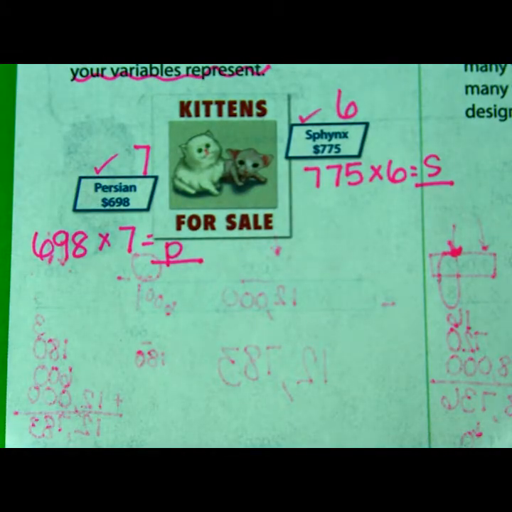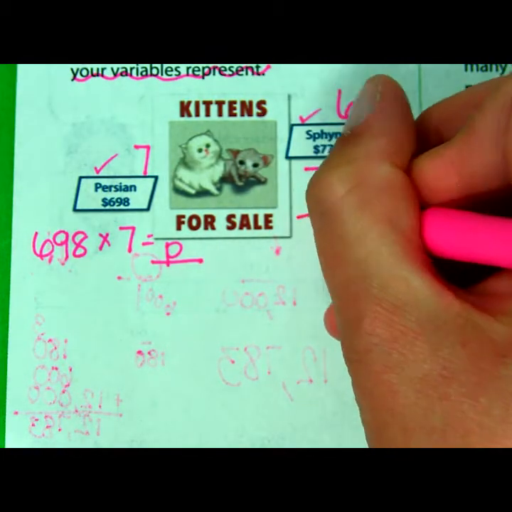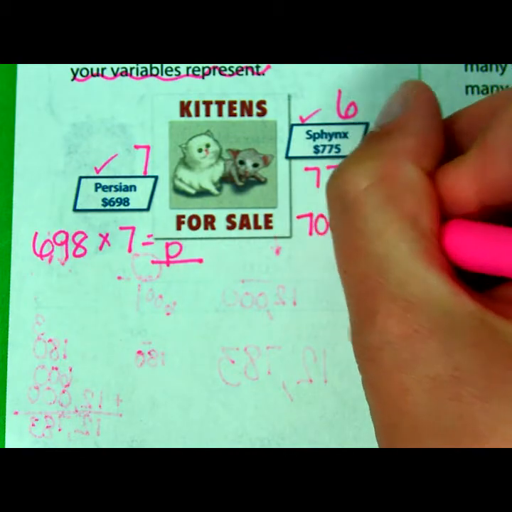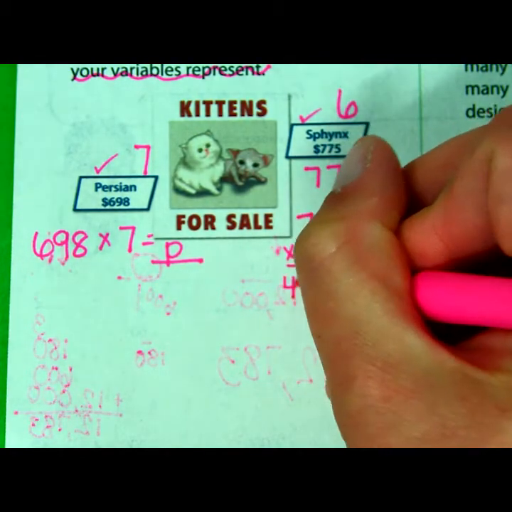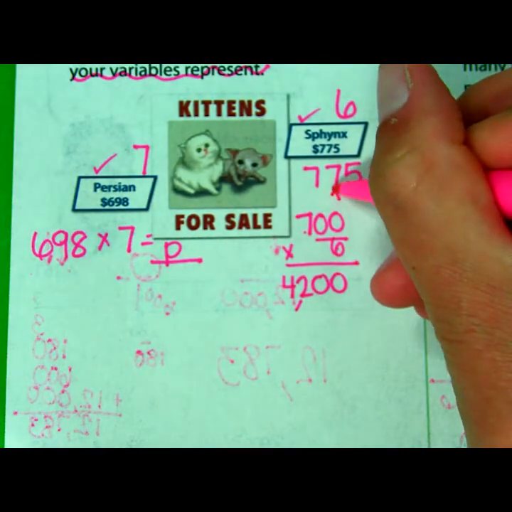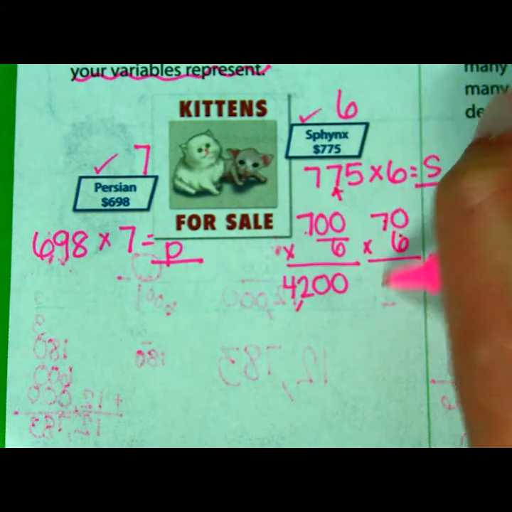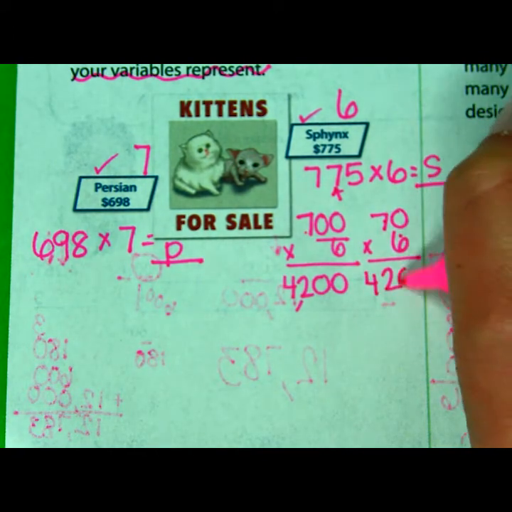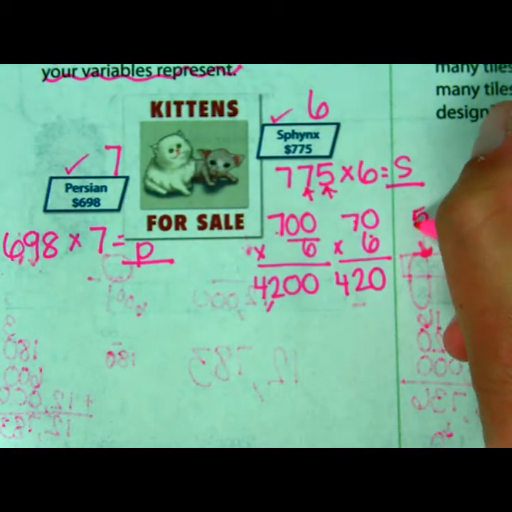We can break apart our place values. 7 in the hundreds place is 700 times 6. 7 times 6 is 42. Bring down those 2 zeros. Now I need to represent the tens place of 70 times 6. 6 times 7 again is 42. Bring down 1 zero. And then 5 in the ones place. 5 times 6, which is 30.